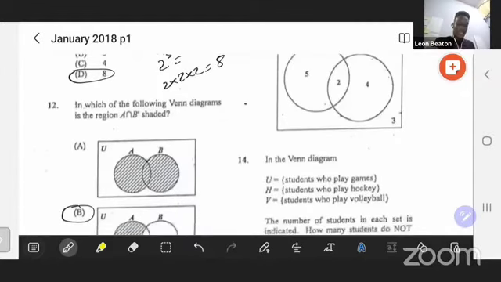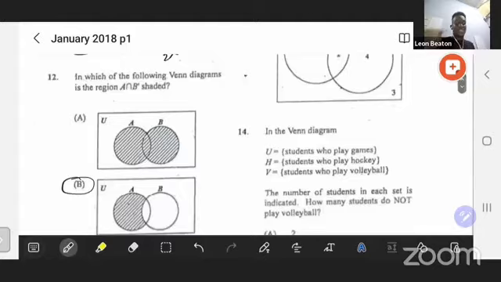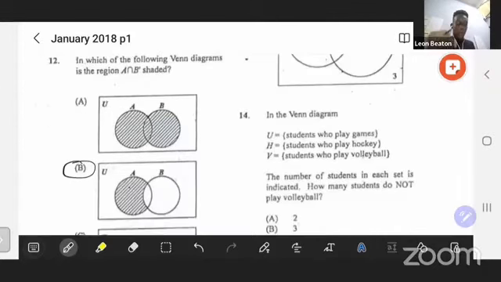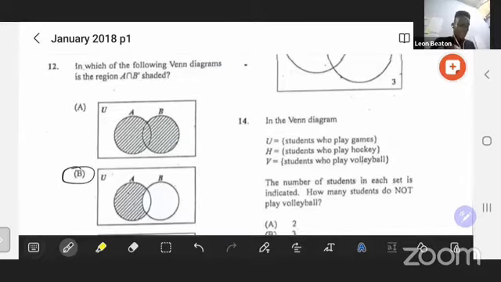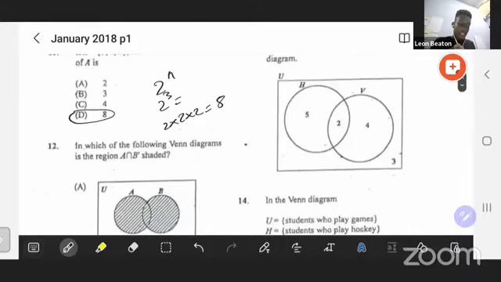The number of students in each set is indicated. How many students do not play volleyball? So we see 4 persons play volleyball alone, and 2 persons play volleyball and hockey. So this would be this 5 here because they just play hockey, and this 3 here, they don't play anything. So we have 5 plus 3, which is 8.